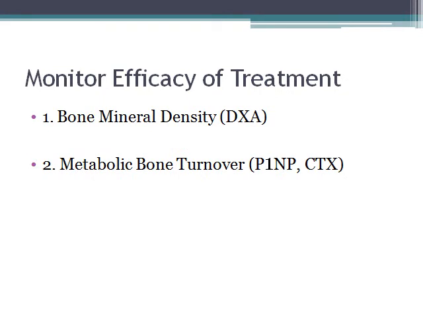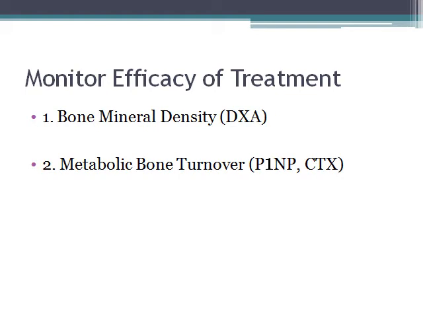Now, whatever you choose to do, whether it's environmental change, whether it's reducing the risk for falling, whether it's making the bone stronger, and you have a program, you use all of these strategies to try to reduce fractures, you want to monitor the efficacy of treatment. And medically, a bone mineral density DEXA test is important to show whether the bones are getting stronger.